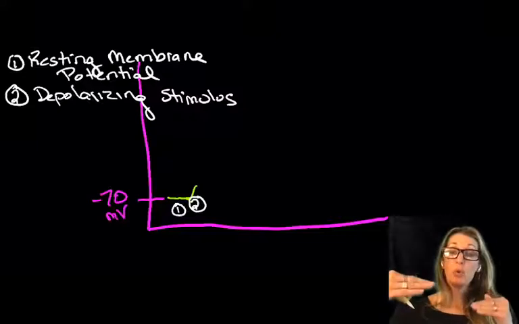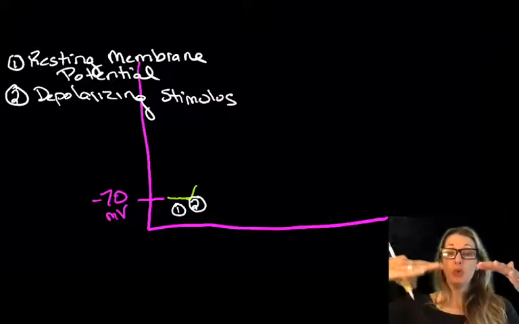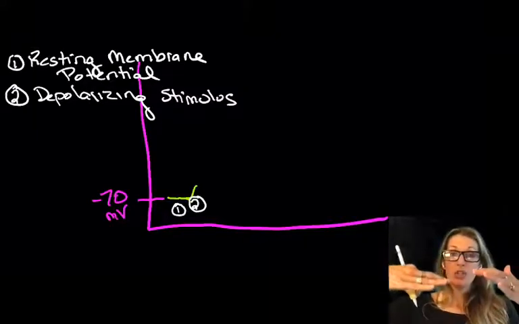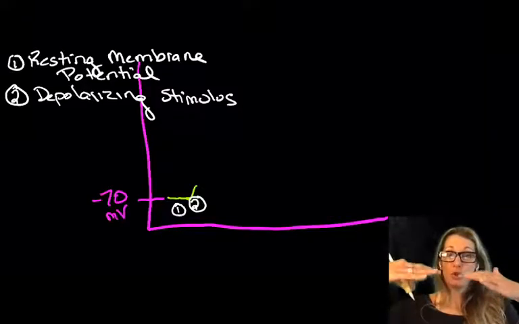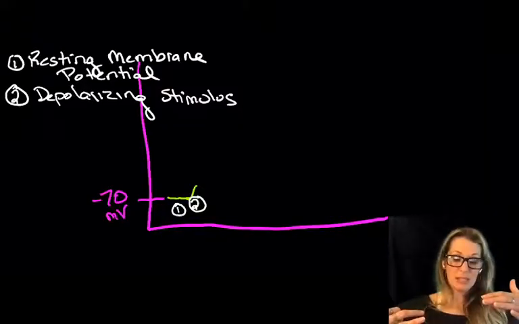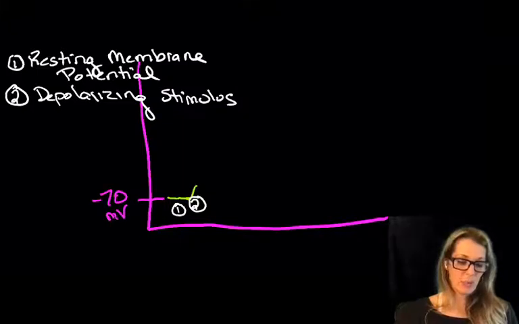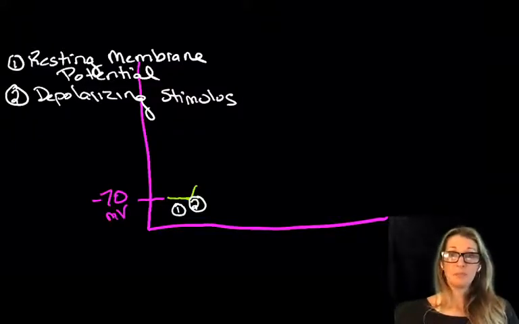Right now it's polar, so we've got negative and positive. A depolarizing stimulus moves the charge closer to equality. So where does that depolarizing stimulus occur? It occurs on the dendrites of the cell body.